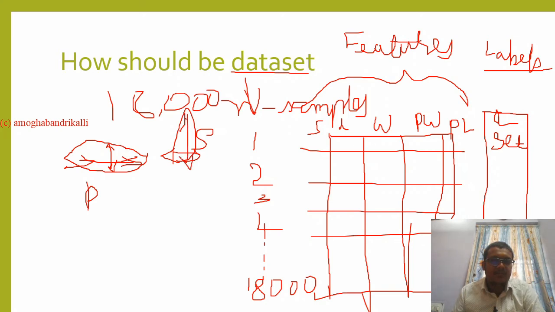Some numbers will be there, and if nearby numbers are present in your real-time images, the machine will say it is a species of that type.